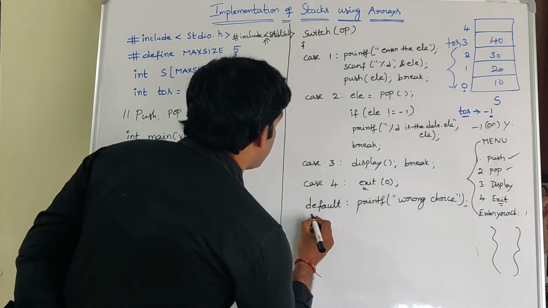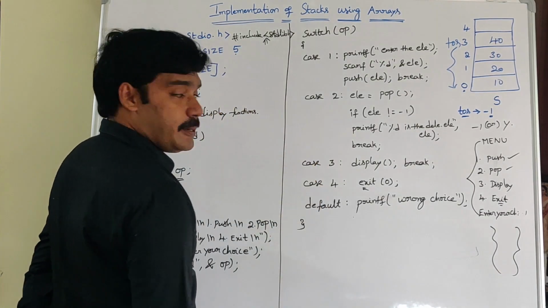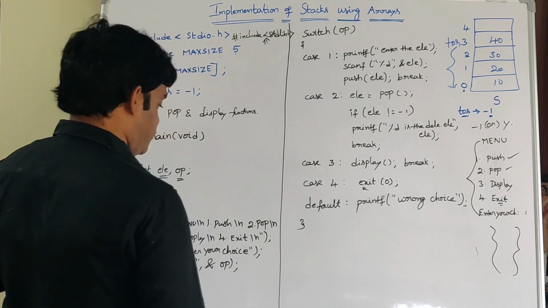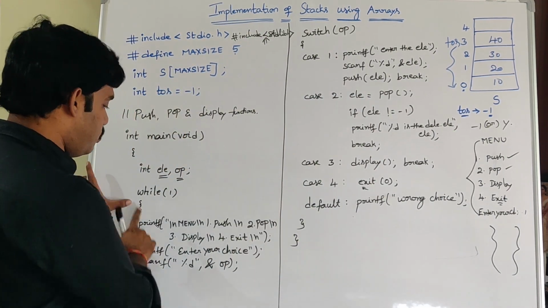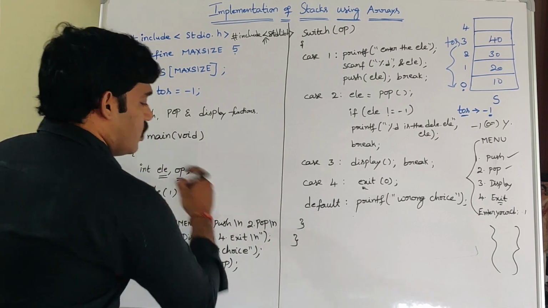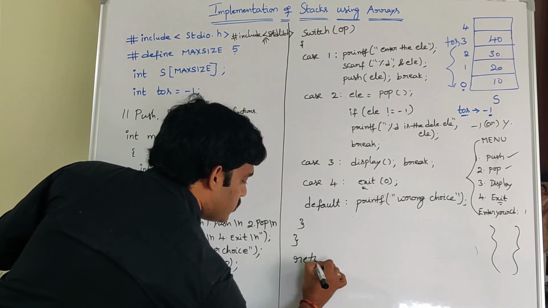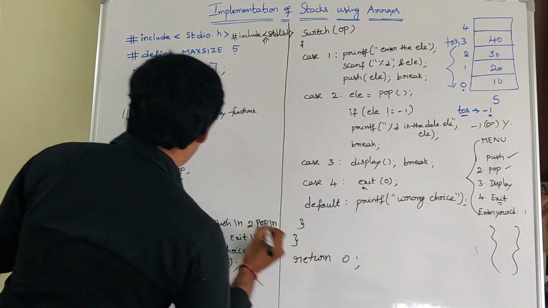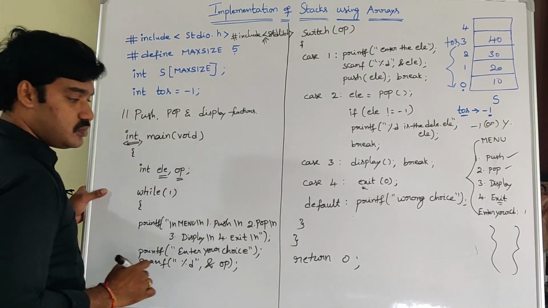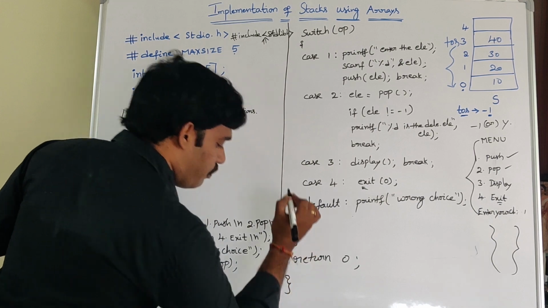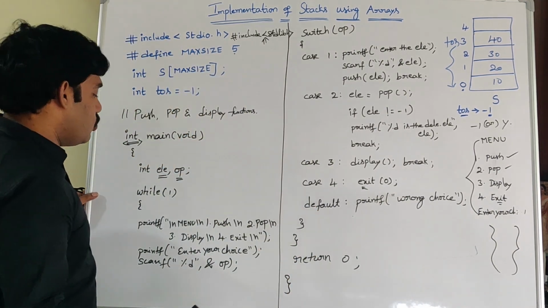Next, closing of the switch statement. Next, closing of the while infinite loop. Next, the final one is return 0. What is the return type of main? Int. Next, closing of main.